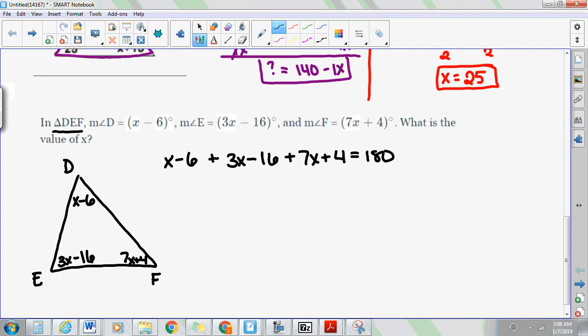So I'm going to do my same thing. I'm going to look for like terms, common terms, and I'm going to combine them. I have 1x plus 3x plus 7x. That's going to give me 11x. And just to save some space, I'm going to do this other bit at the same time. I've got a negative 6 minus 16 plus 4, which is negative 18.